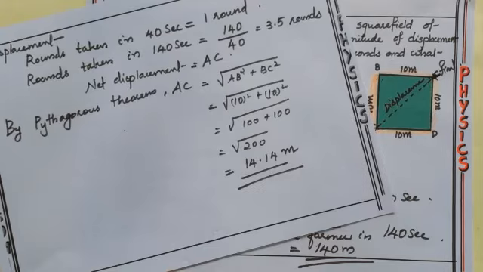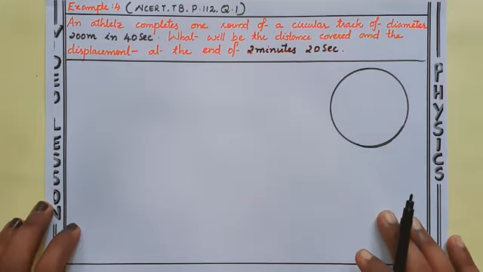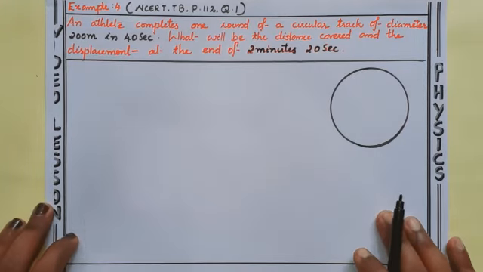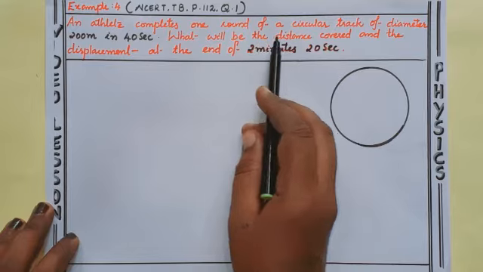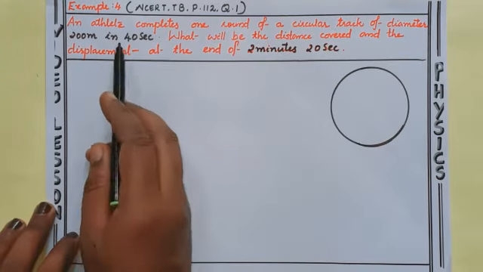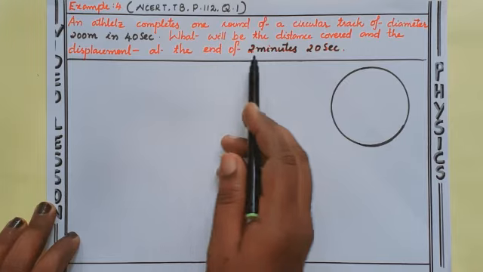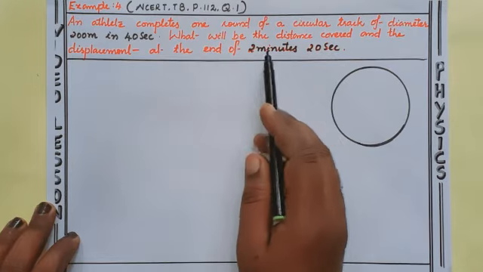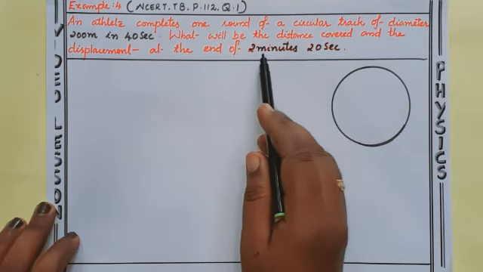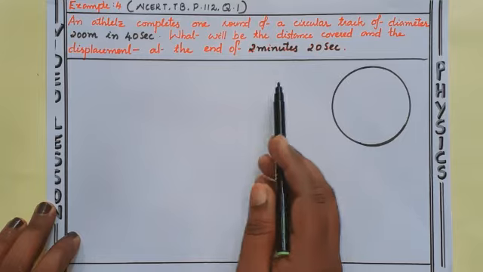Okay. Example 4, this is also from your textbook. The question: an athlete completes one round of a circular track of diameter 200 meter in 40 seconds. What will be the distance covered and displacement at the end of 2 minutes 20 seconds? Here also the time is in minutes and seconds, so we have to convert it into seconds.